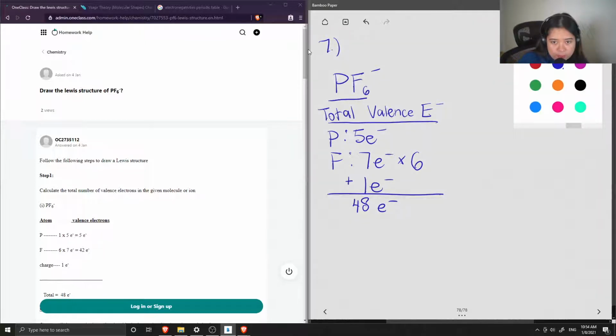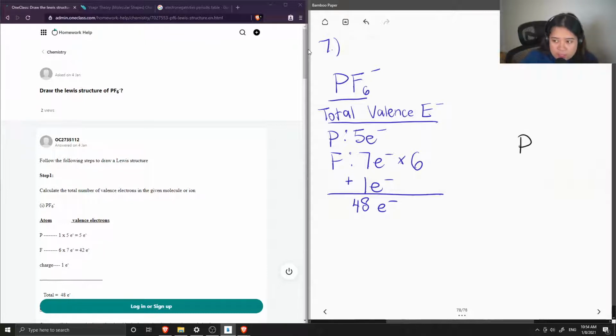So now, when we draw the Lewis structure, I'm going to draw my phosphorus as the central atom, and then single bonded fluorines just symmetrically all around. And now let's add in all of their lone pairs.